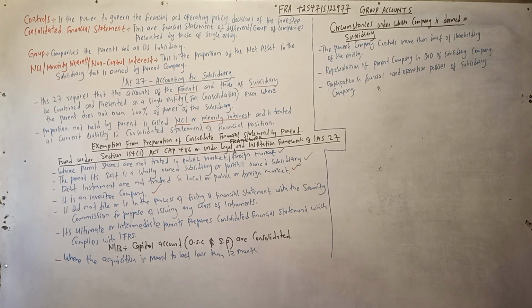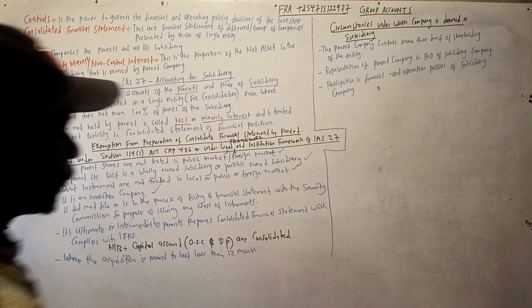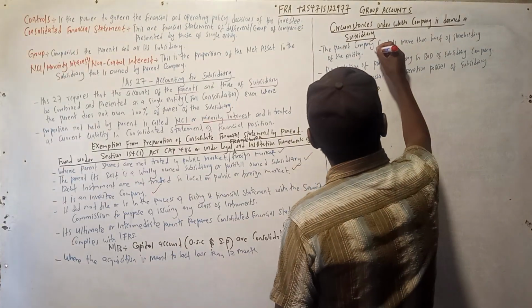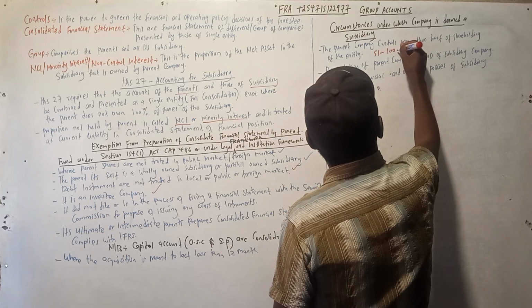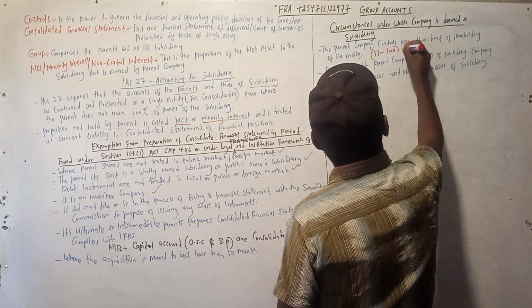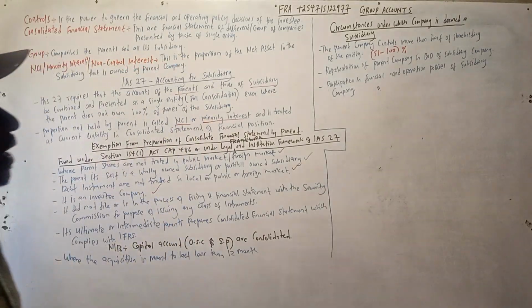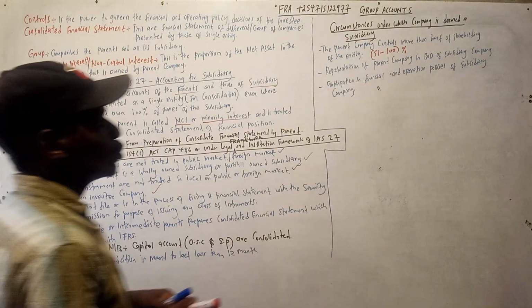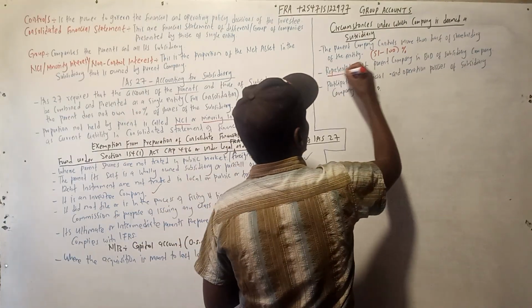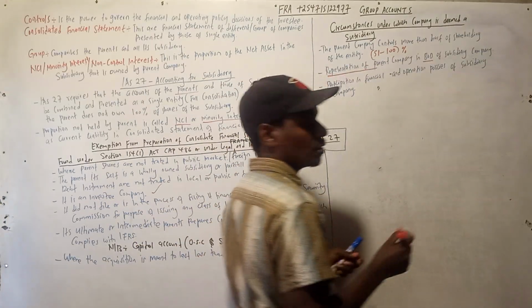So circumstances under which the company is deemed a subsidiary. This is where the company controls more than half of the shareholding of the entity. That's number one. So more than half, meaning 51 to 100%. Then where we have representation of the parent company on the board of directors of the subsidiary company.